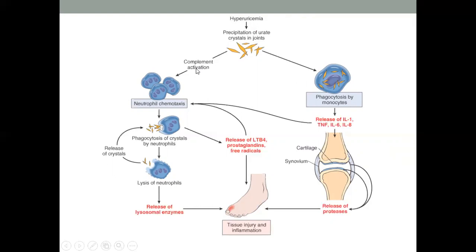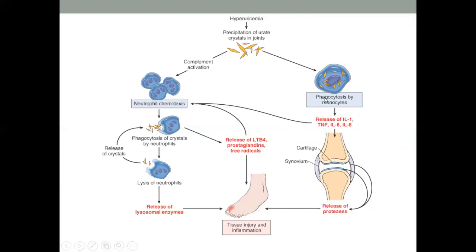Complement activation takes place, and neutrophils are recruited to the site of crystal deposition. Then the neutrophils are lysed, and they release the crystals and also lysosomal enzymes which act on the site and produce tissue injury. There is a release of leukotriene B4, prostaglandins, and free radicals.